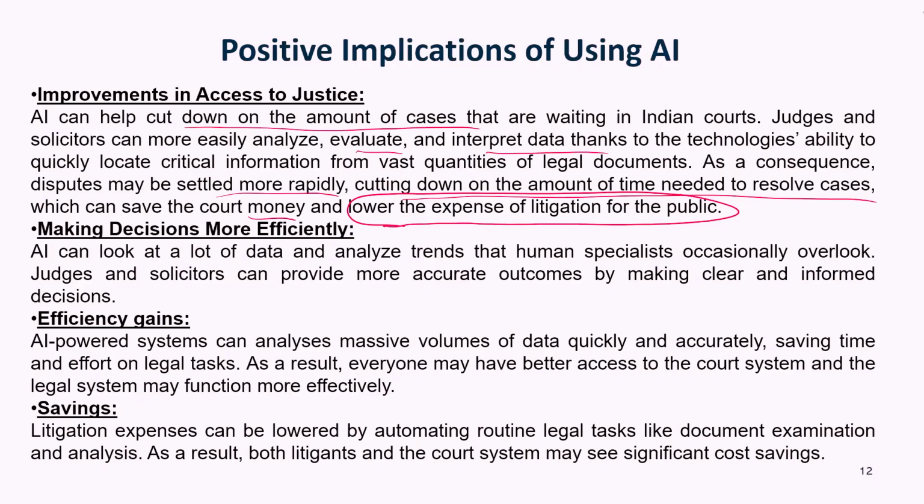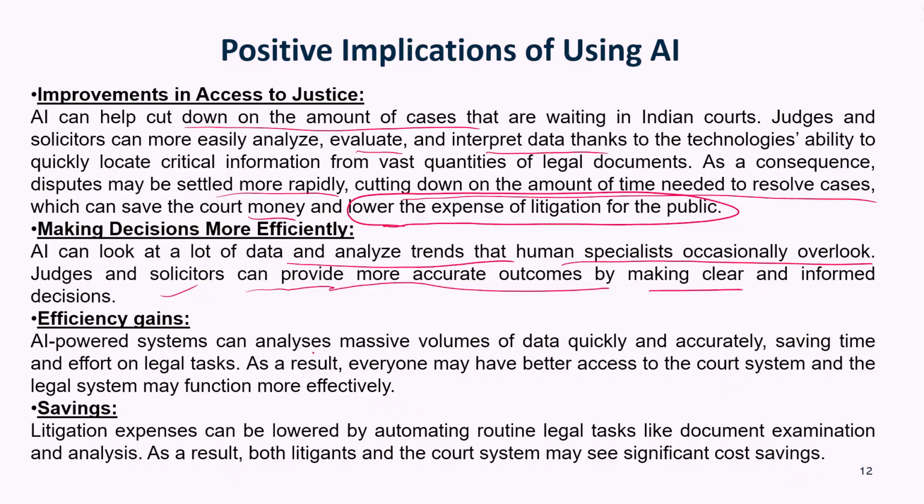When it comes to efficient decision making, AI can look at a lot of data and analyze trends that human specialists occasionally overlook. Judges and solicitors can provide more accurate outcomes by making clear and informed decisions. So another important aspect or feature of AI tools in the field of law is that they do not overlook things, rather they give the exact or impeccable data and analysis which humans cannot do.